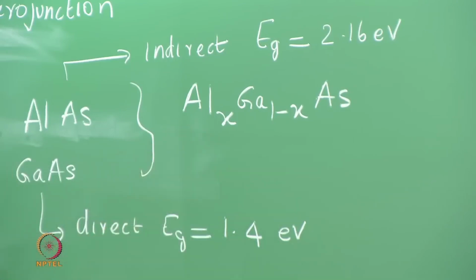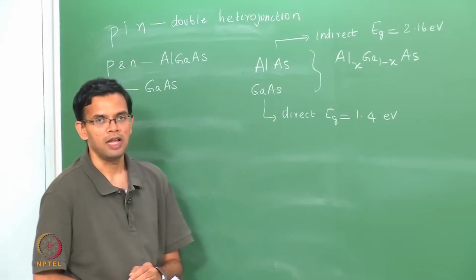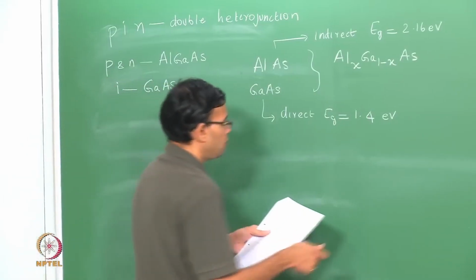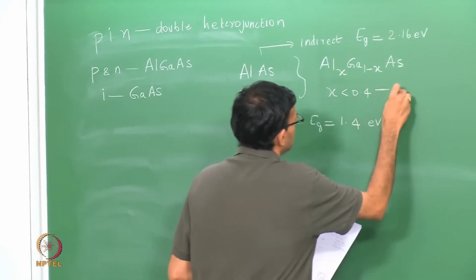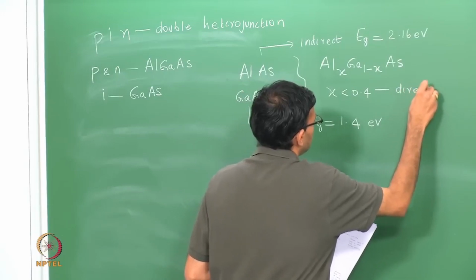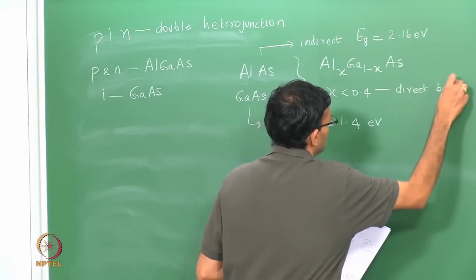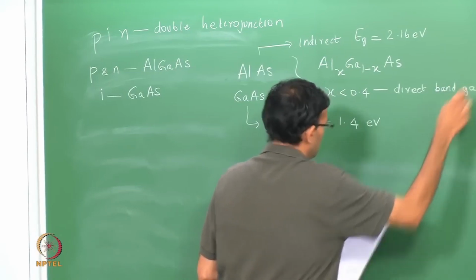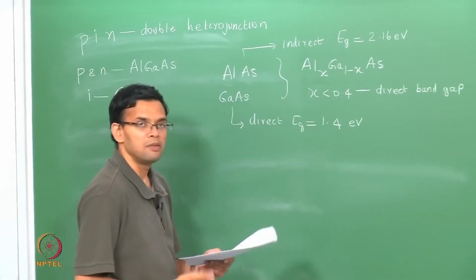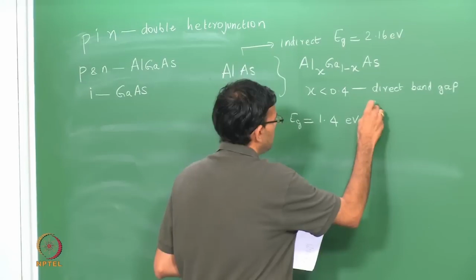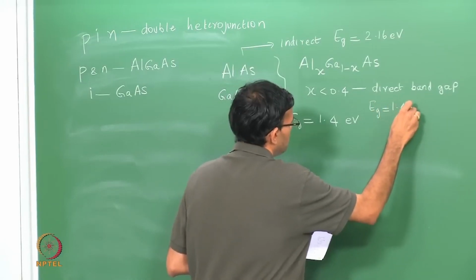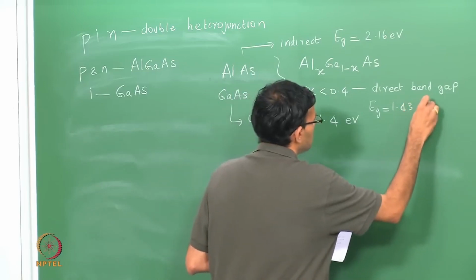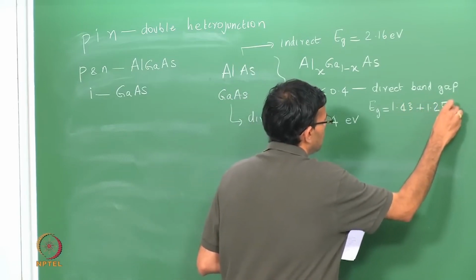This material can be a direct or an indirect band gap depending upon the value of x. For x less than 0.4, this is a direct band gap material. And the band gap Eg is 1.43 plus 1.5x.